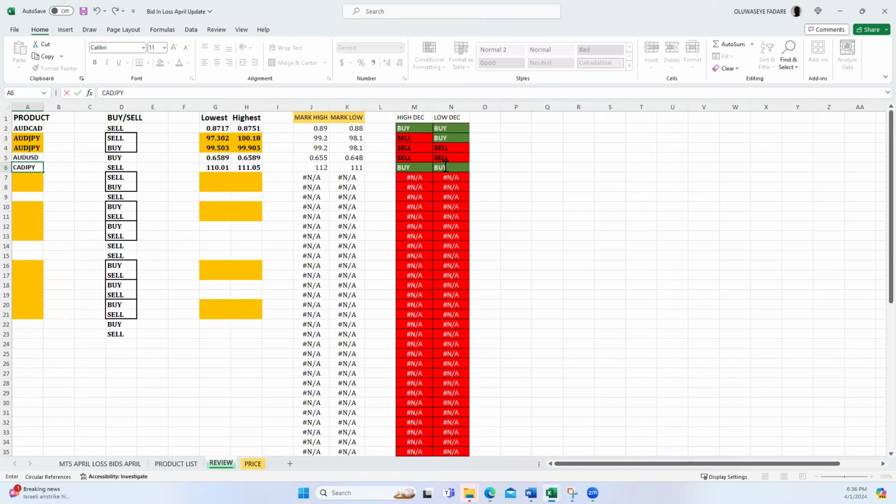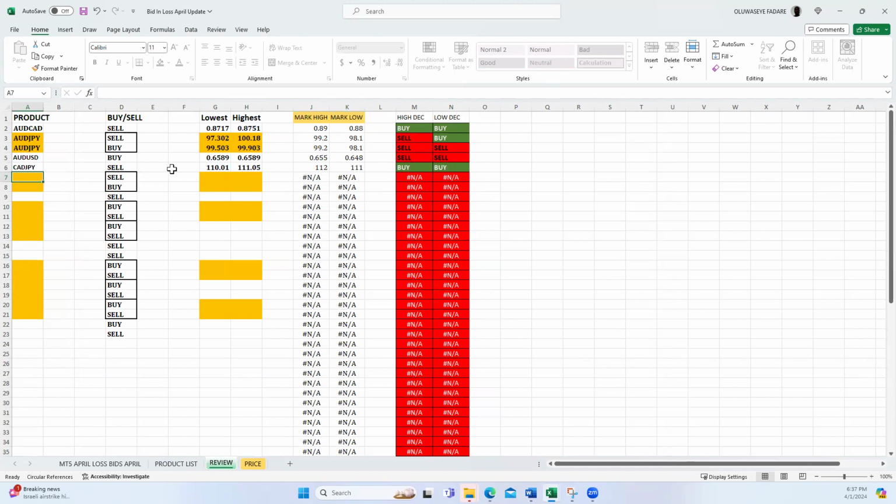If the price should come down to 110.01, then the market will change from a buy to a sell. Currently, according to this report, this market is on a buy trend.